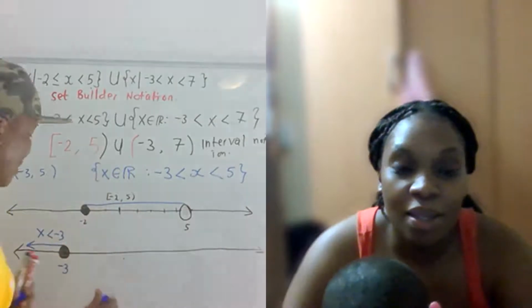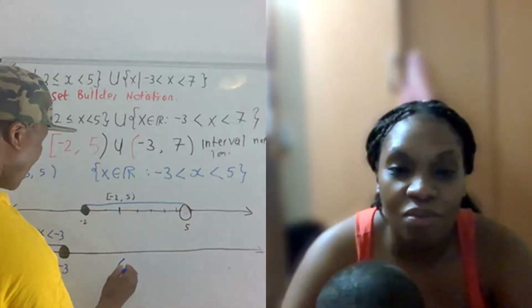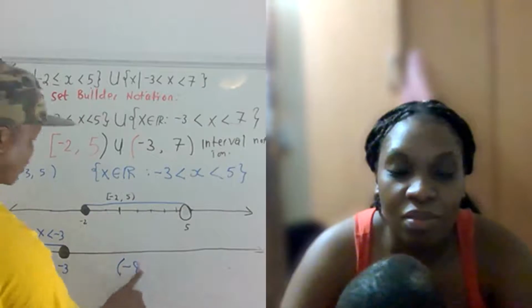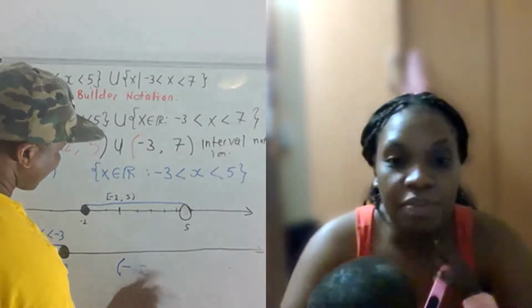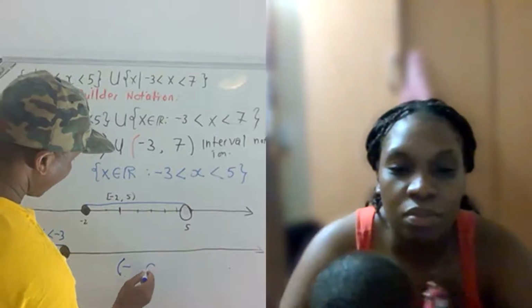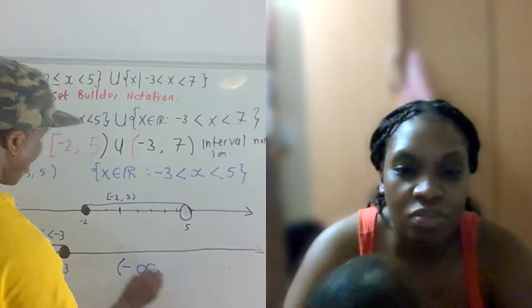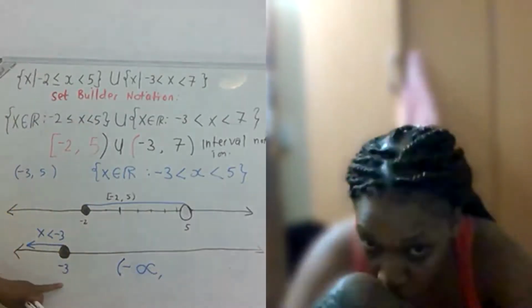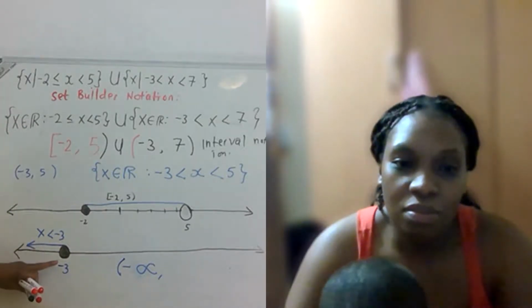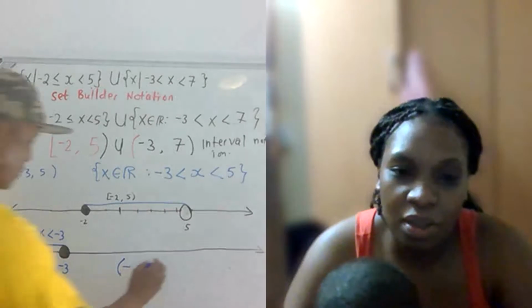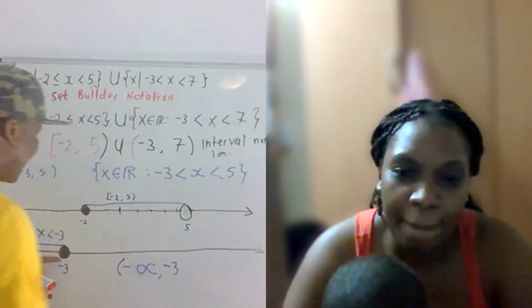Okay, let's start with the interval. Interval, I'm going to say excluding negative infinity. This is how you write it right now: negative infinity all the way to -3, because it's going to come up here. To -3, but it's including.